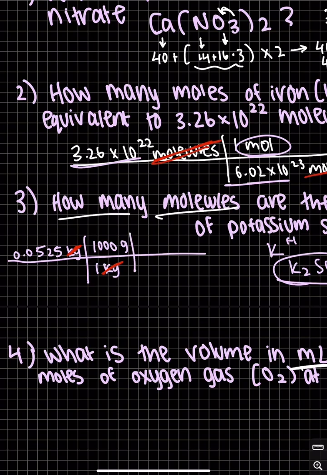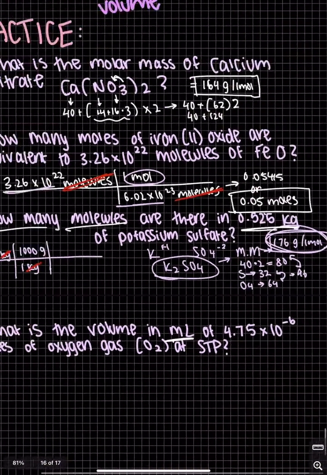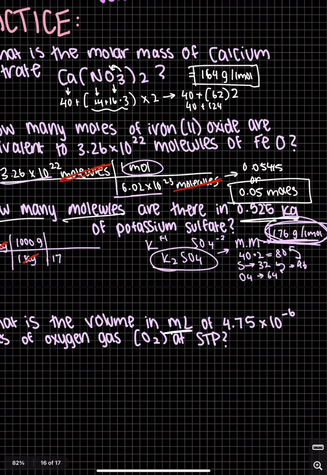Now I have mass in grams. Now I'm going to convert it to moles. I have already written here my grams per mole. So I know that 176 grams is 1 mole. That way, grams and grams cancel out. Then 1 mole is 6.02 times 10 to the 23rd particles. Now I've canceled out mole and mole.